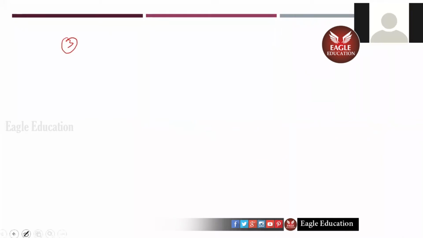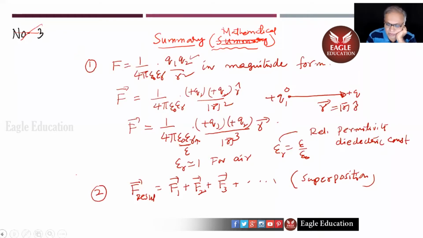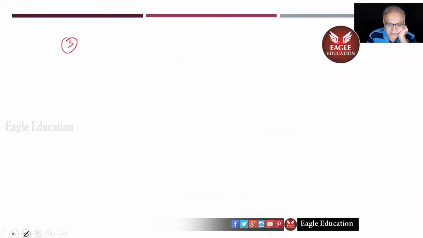I mentioned already I'm giving a mathematical summary, so I'm not going to write much English there. E equals F bar by q naught. The basic definition of E is this. 4.